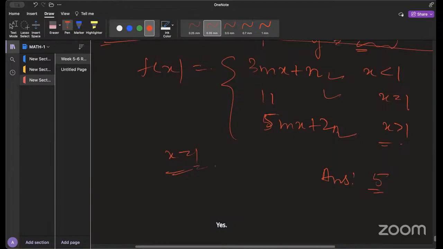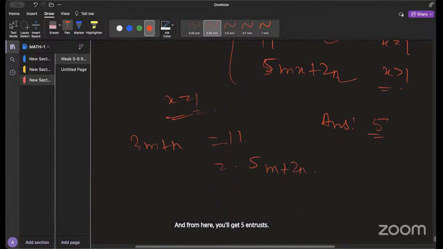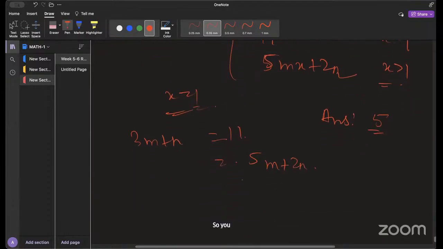Yes. When x equals 1, you need to check. So if you just put 1 here, at x equals 1, the value is this. From here, you'll get 3m plus n. And from here, you'll get 5m plus 2n. So you have two equations now to solve.